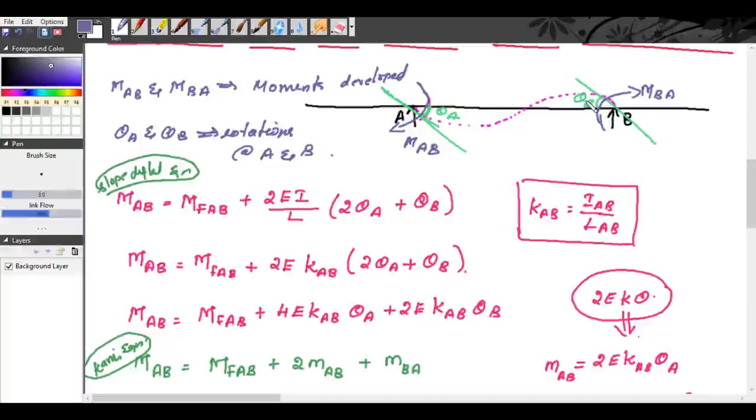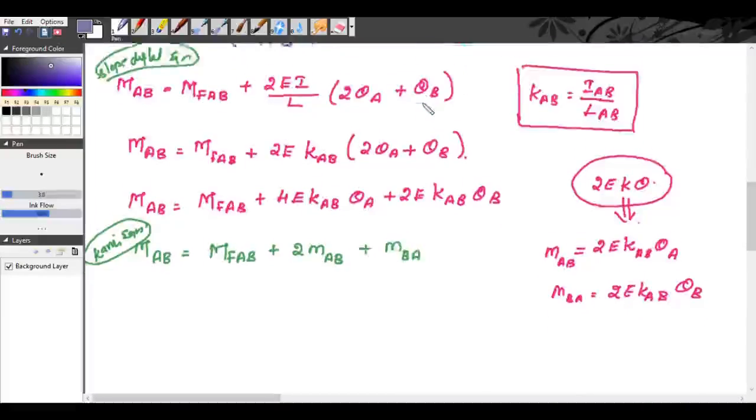Now for the equilibrium at joint A, we know how to write the joint equilibrium equations, right? For the equilibrium at joint A, the algebraic sum of the end moments of all the members meeting there must be equal to 0.